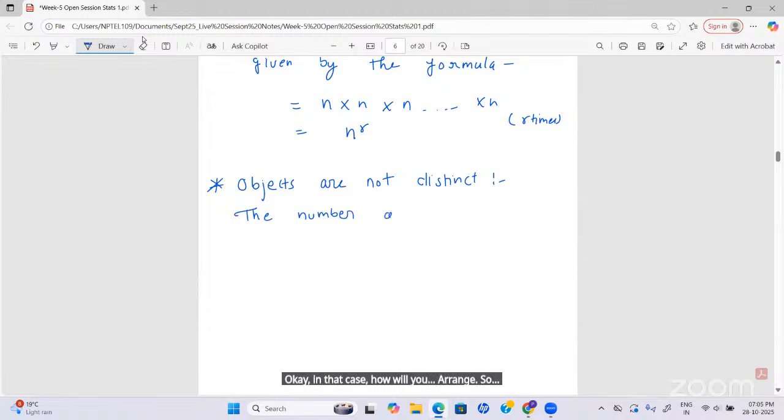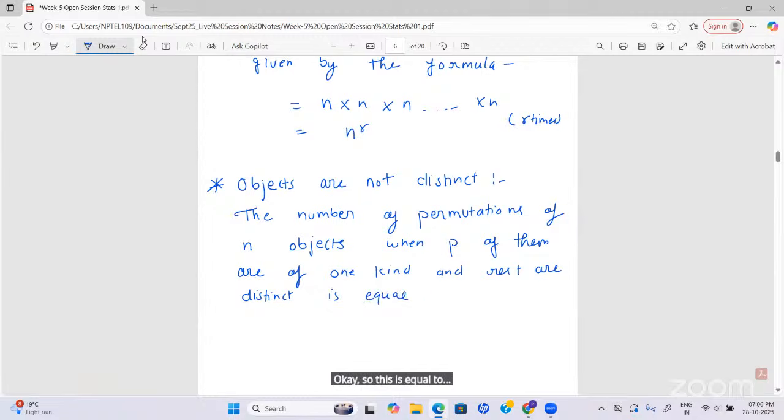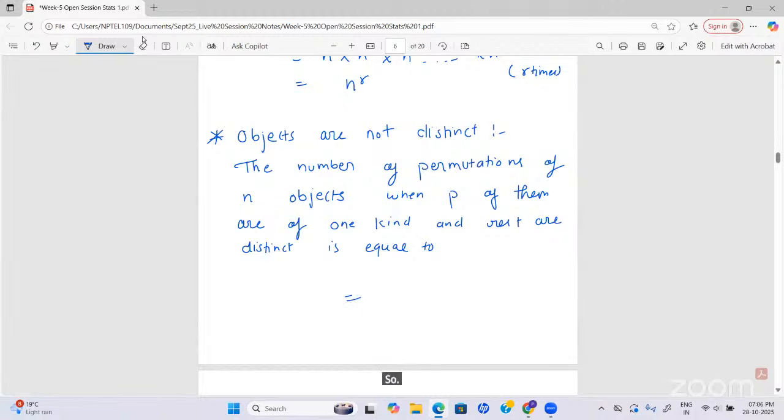The number of permutations of n objects when p of them are of one kind and the rest are distinct is equal to n factorial divided by p factorial. This is the formula.